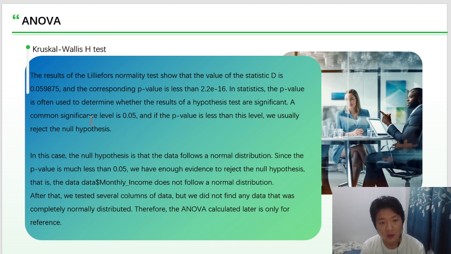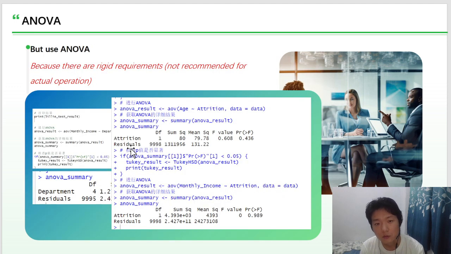The result told me that the data set is not normally distributed. So it is not recommended for actual operation to use ANOVA on this data set, but because of the project requirement, I must use ANOVA. Although all the variables in the data set are not normally distributed, I will use it. Here is the code and the result.